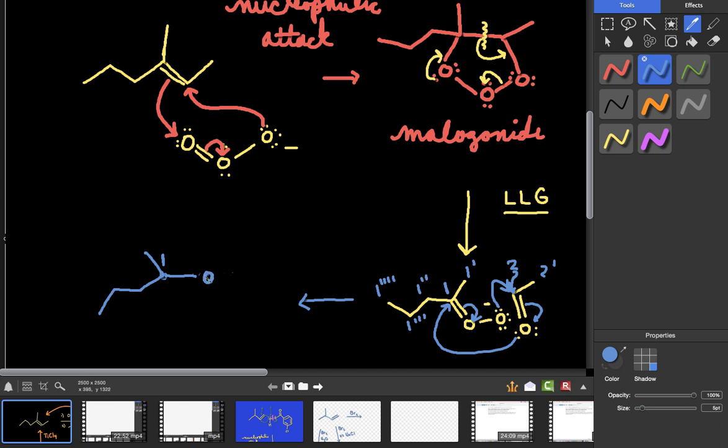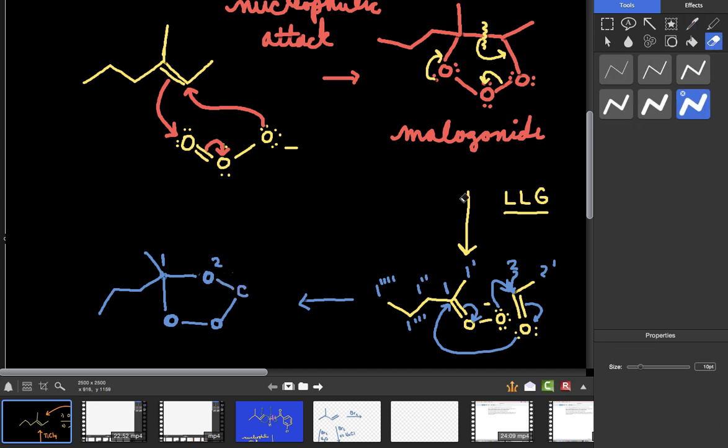In fact, it's the oxygen that was attached to carbon 2, so I'm going to call this oxygen 2. Carbon 1 is also bonded to an oxygen, which is bonded to an oxygen, which is bonded to carbon 2. In fact, let's do this with a terse structure.